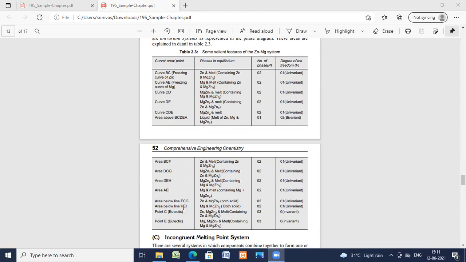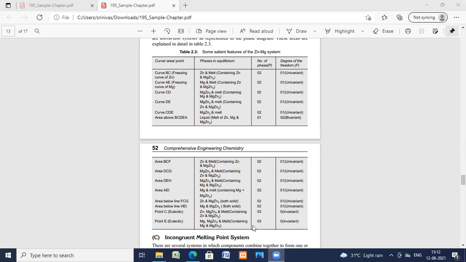Area below HEI, I have also told you, magnesium plus intermetallic compound. C is 2 and P is also 2. So 2 minus 2 plus 1, you get univariate system. As I've discussed, for the eutectic points and point D, the congruent melting point, we get phases 3 and compositions 2.